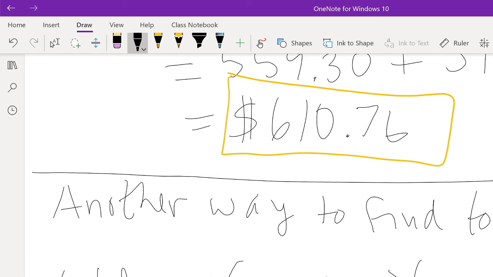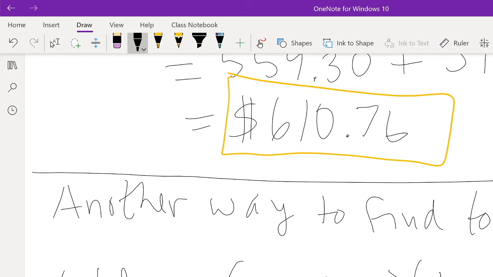And I'm going to multiply it by the number 1.092. Now, here you might be asking yourself, where did that number come from? How do you get the 1.092?